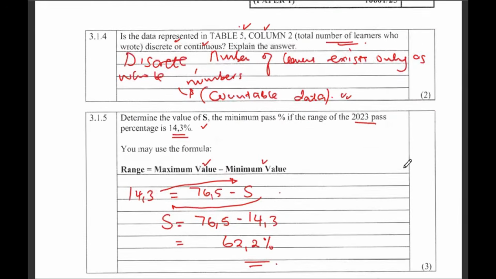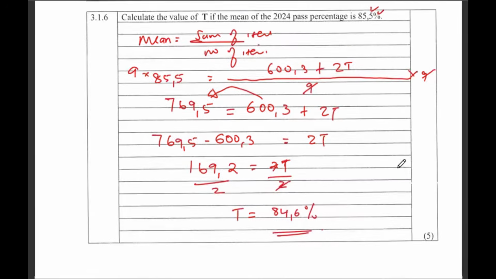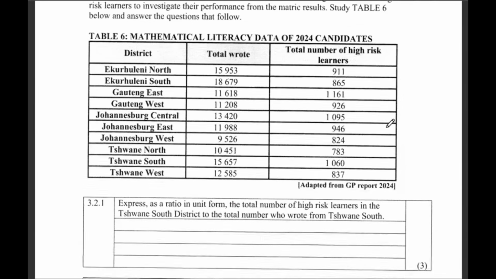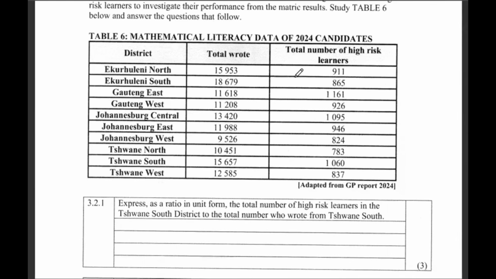Okay, so that is that with that particular question 3.1.6. Then 3.2, okay. They're telling us that Lucky again extracted data from the 10 education districts with the highest number of high-risk learners to investigate the performance of these results. Okay, so we have the different districts, the total that wrote, and then the total number of high-risk learners.